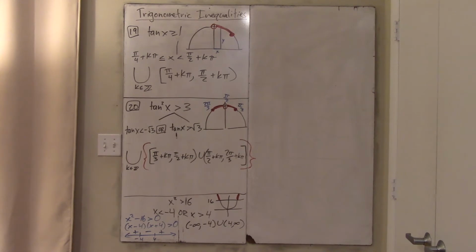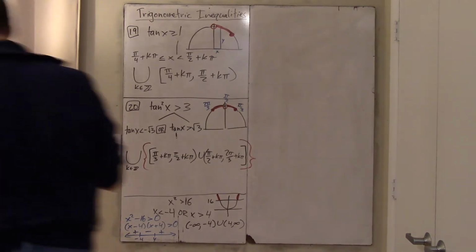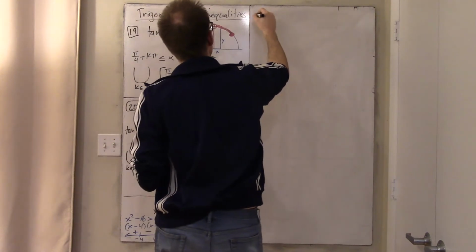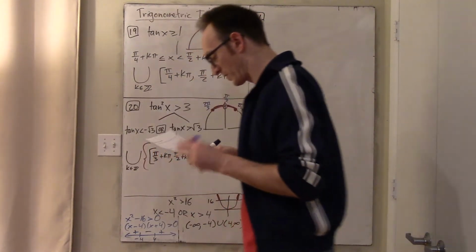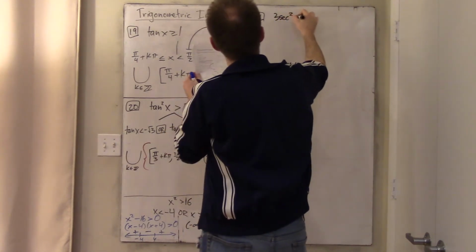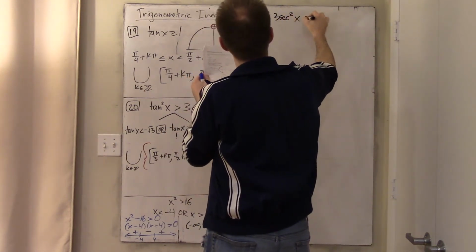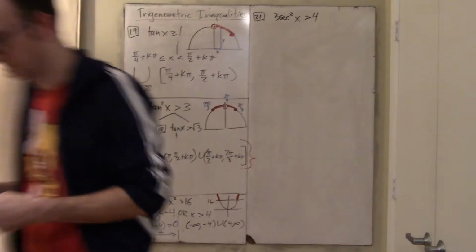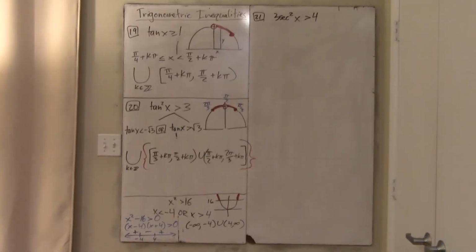Okay, let's keep going. The next two are also tricky. 21, 22. Let's go. 21. What's 21? 3 secant squared x is greater than 4. Oh man, this is so hard. What am I gonna do?